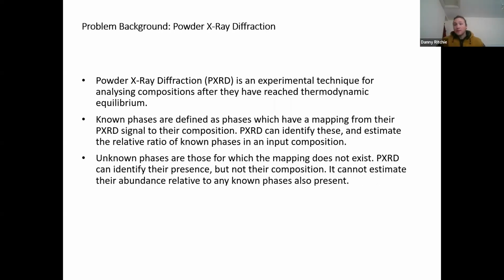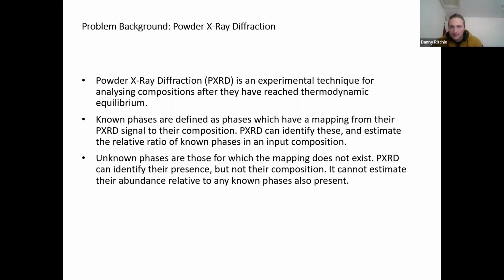So the experimental analysis for the data which I've been using is powder X-ray diffraction. For me, this means it's an experimental technique for analyzing compositions after they have reached thermodynamic equilibrium. Known phases are defined as phases which have a mapping from their PXRD signal to their composition.